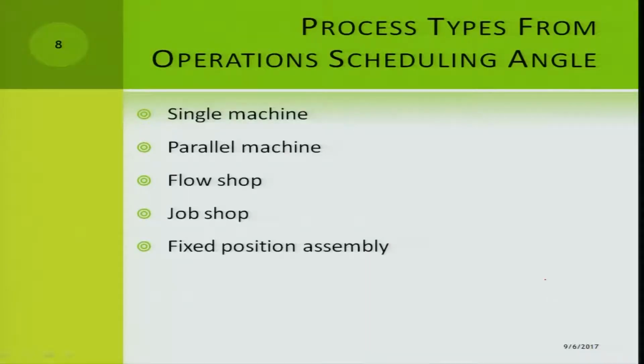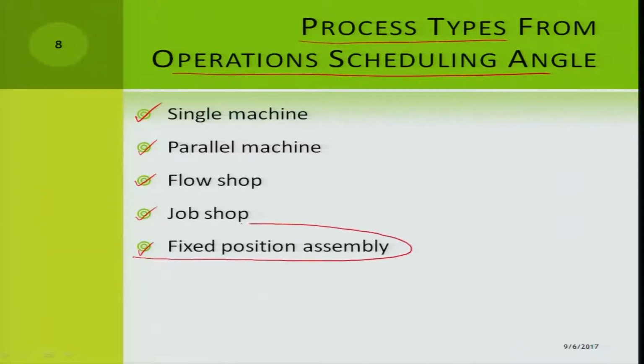So the production types from the operation scheduling angle, mostly when we talk about processes, when we are trying to do the operation scheduling or when we are trying to build the factory model, we need to look into these aspects. The number one we look into is a single machine, then parallel machines, flow shop, job shop, fixed position assembly.